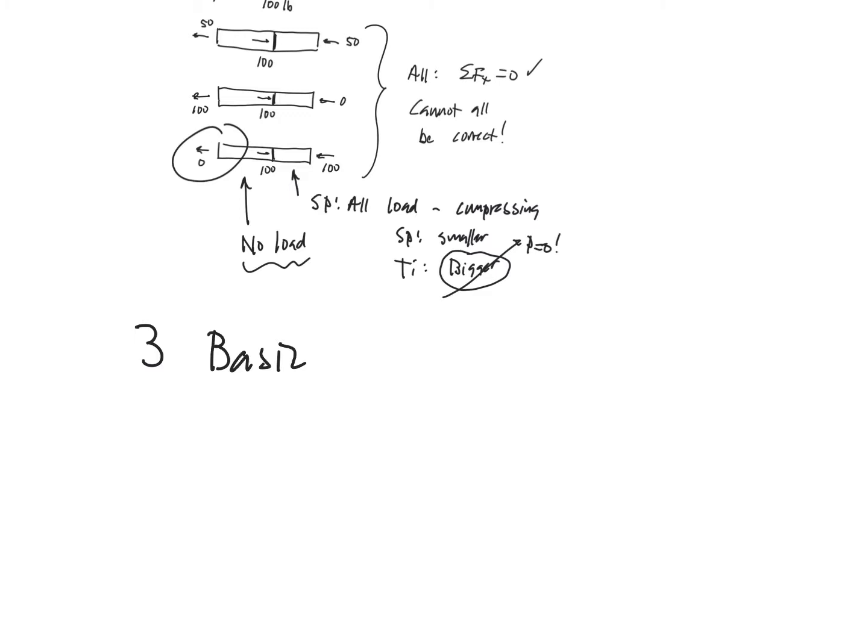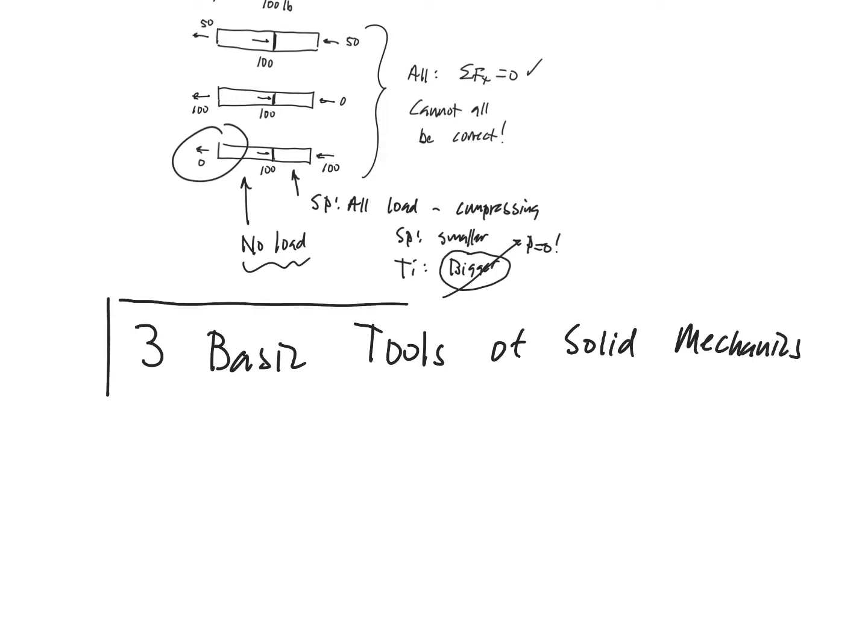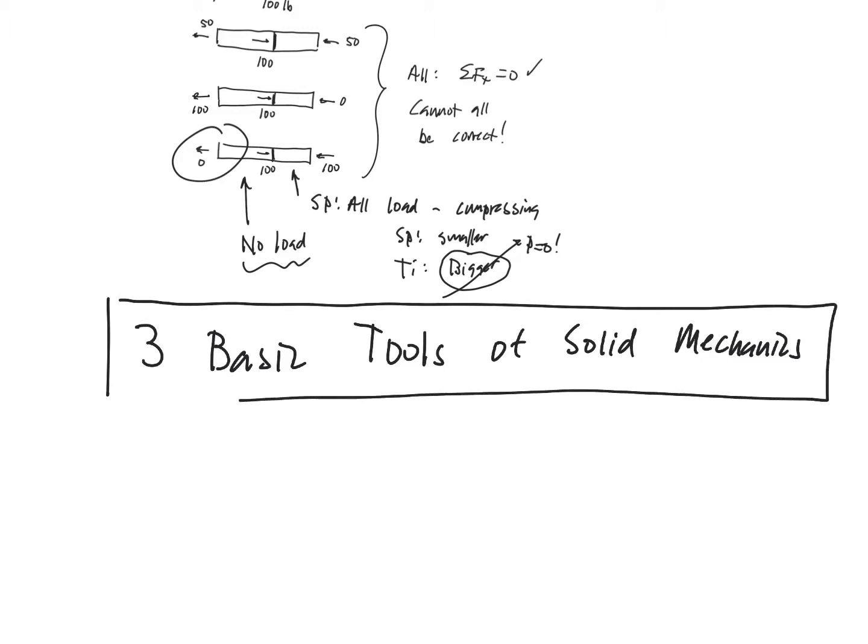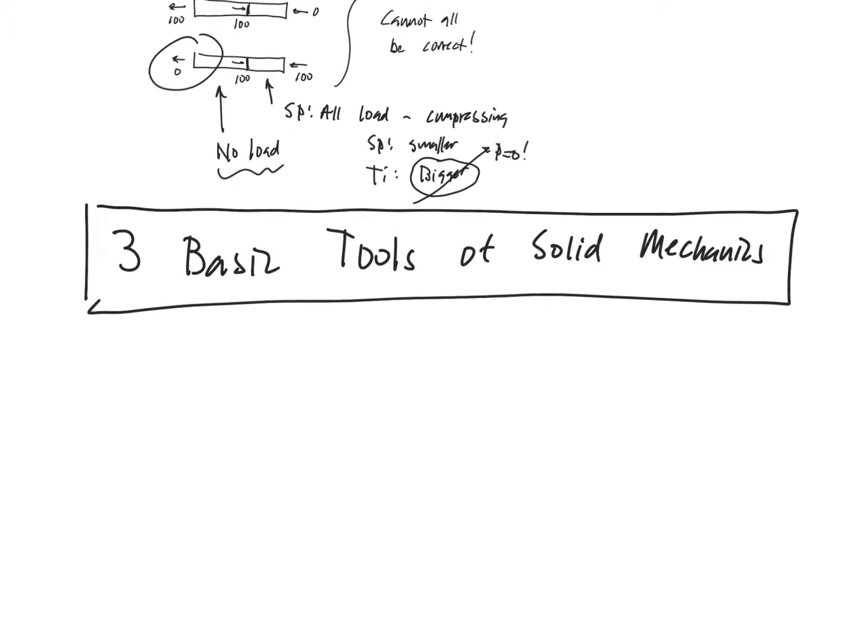They could call it the 3 basic tools, the 3 basic principles, but we'll go ahead and use tools because what we need to do is use all of those to solve our problem. So 3 basic tools of solid mechanics. And I'm going to box that up. 3 basic tools of solid mechanics.